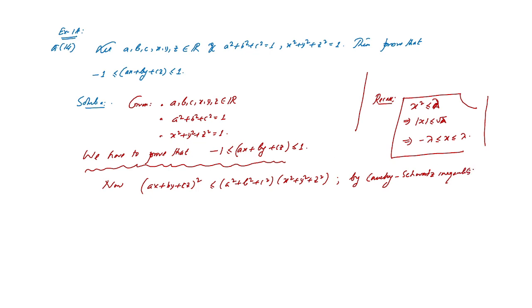Because we have two sets of real numbers, a, b, c and x, y, z. Now the question is when equality holds.